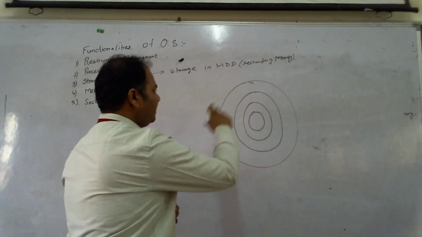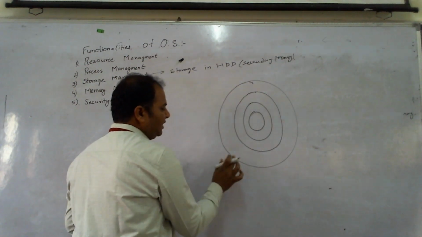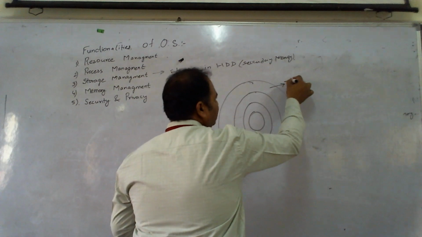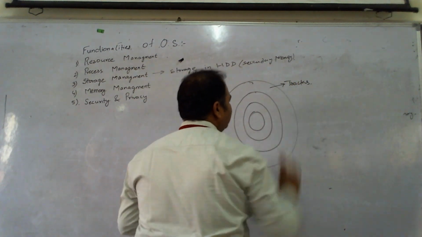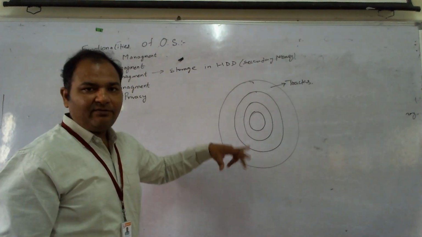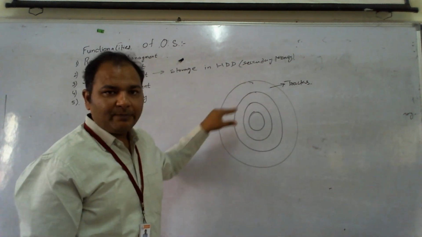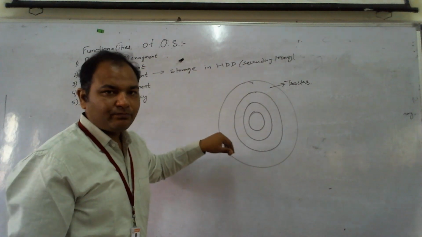Suppose this is the hard disk and these are the tracks. These are the tracks of any hard disk in a cylindrical way. This is the upper view of the hard disk.